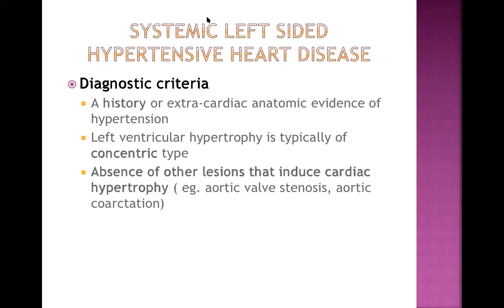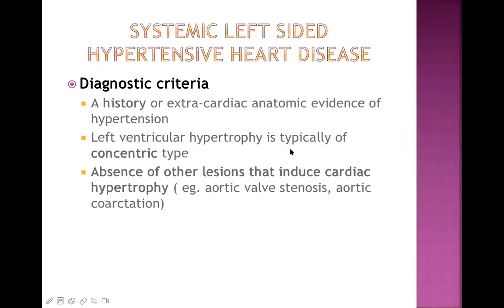That's a very good point for the diagnosis. Another one, extracardiac anatomic evidence of hypertension, may be kidney disease, an eye or retinal problem, or some stroke in the past, or something like that. Anything. That is the important point.